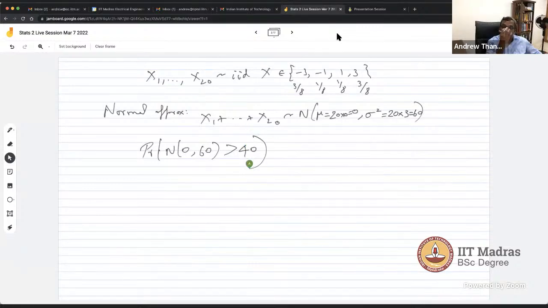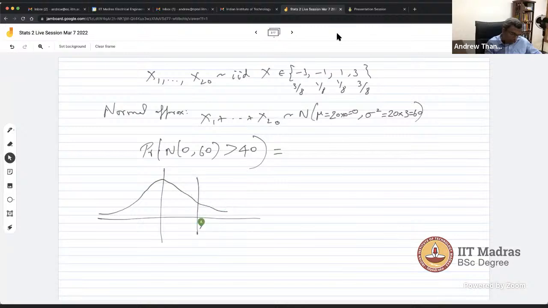Okay. Is that okay? So for that, what would be the answer? In terms of FC, remember this is some normal distribution like this.